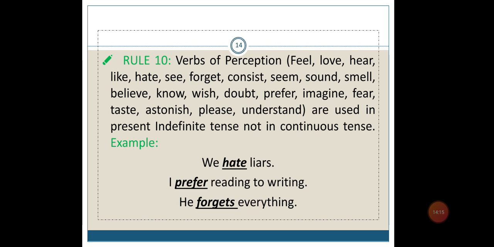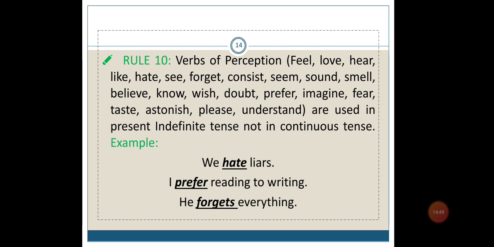Rule 10. Verbs of perception like feel, love, hear, like, hate, see, forget, consist, seem, sound, smell, live, know, wish, doubt, prefer, imagine, fear, taste, astonish, please, understand are used in present indefinite tense, not in continuous tense.